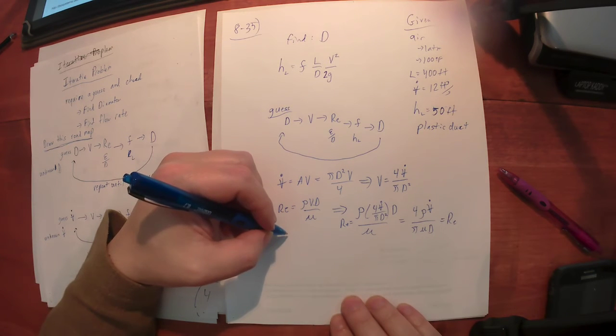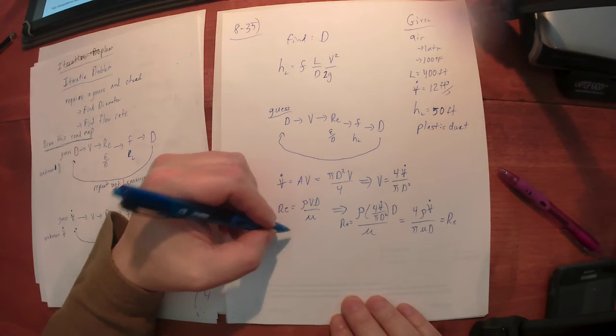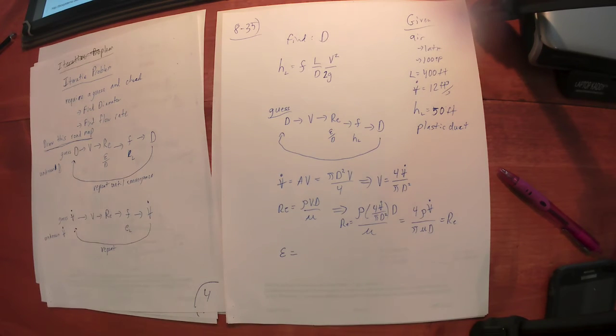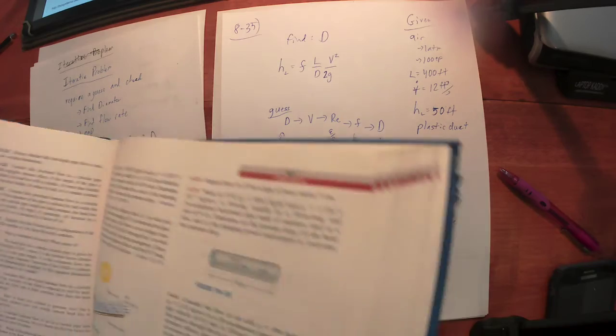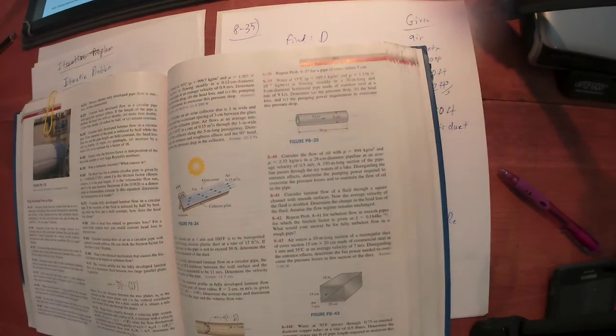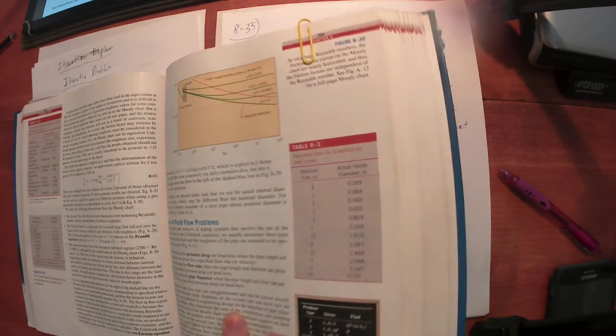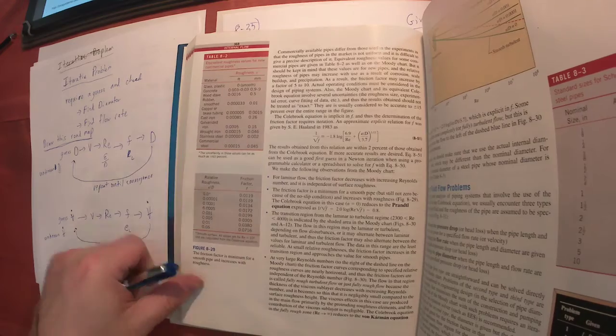Okay, all right, so where do we go from here? Well, let's go find epsilon, shall we? It's a plastic duct. So if we go in our text, I've bookmarked it here for ease. Plastic's pretty easy to remember a lot of times.